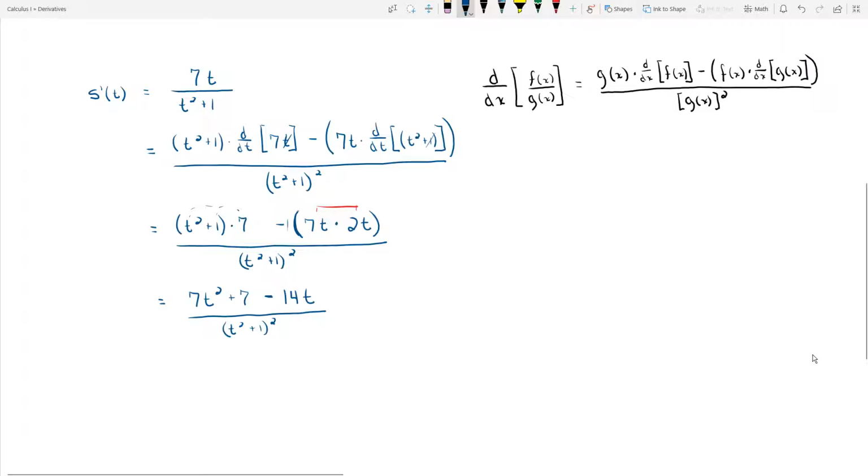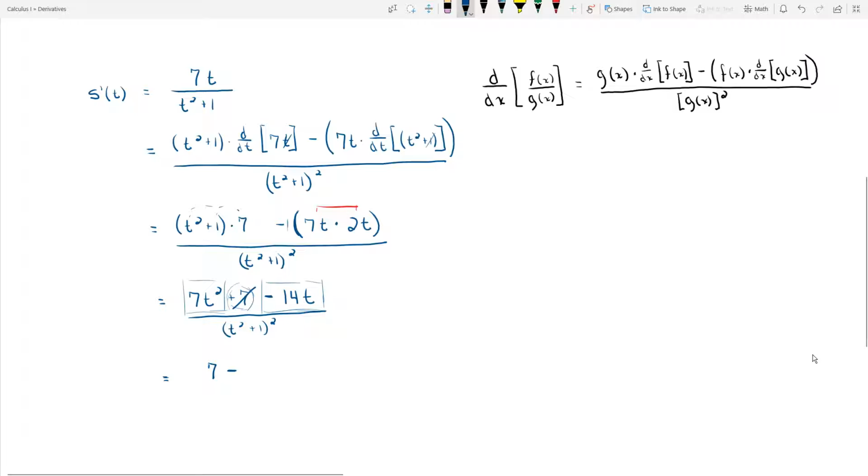So let's further combine that. Let's combine like terms in the numerator. And before we do that, let's bring that positive 7 down. That's the first thing to do. Minus, and then we can combine these like terms.